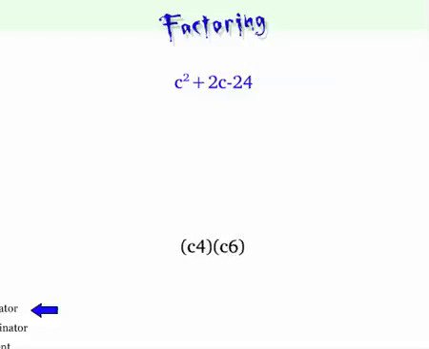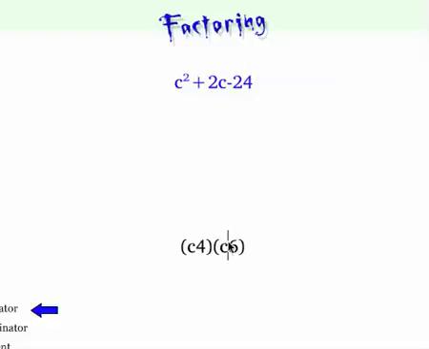Now the question is, is it C plus 4 or C minus 4? The two terms multiply to give you a negative, so they have different signs, and they're going to add up to give you a positive. That means the bigger, and I'm saying bigger in quotes because we're looking at the bigger number, not the bigger integer. The bigger integers are always positive if you're comparing negatives and positives. So the bigger number, in quotes, is going to be positive.